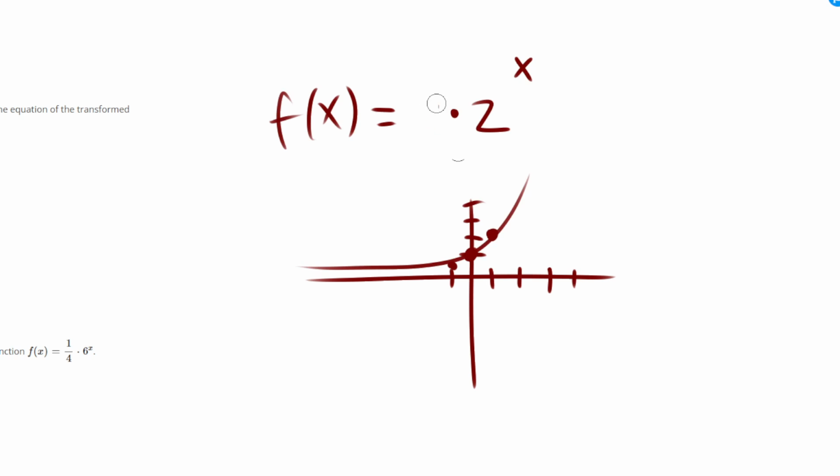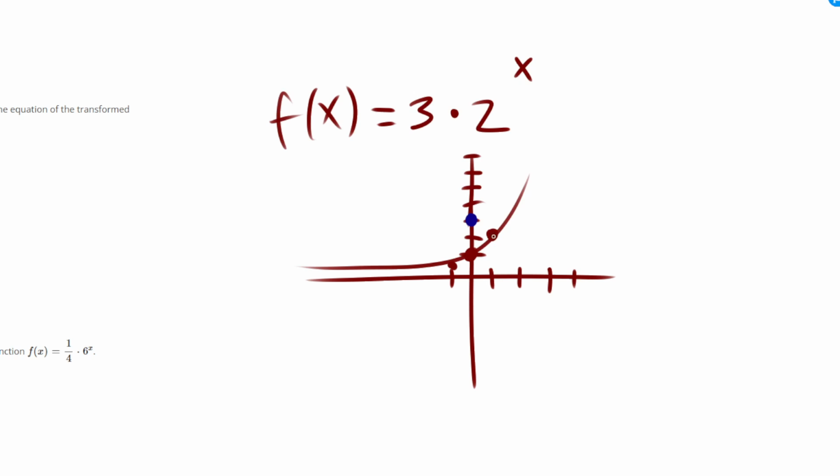But if we're stretching it, and let me actually change this to be, say, 3. This point is going to turn into 3 instead of 1. Let me change the color. So instead of 0, 1, because basically all we're doing is timesing our y value by our stretch value, this turns into 3.